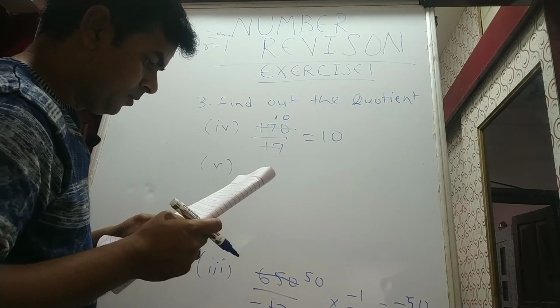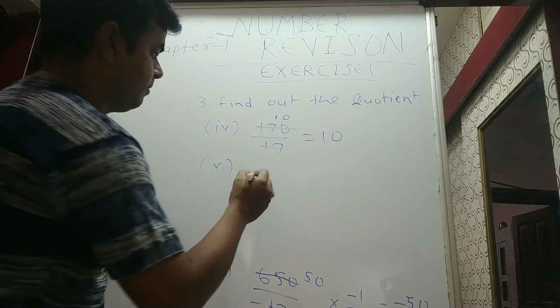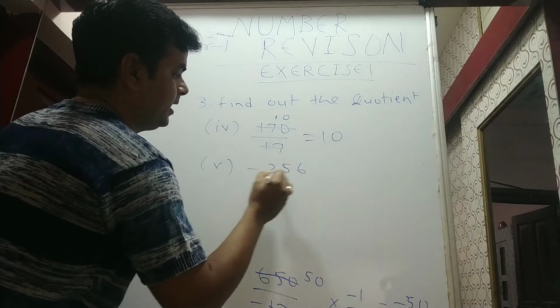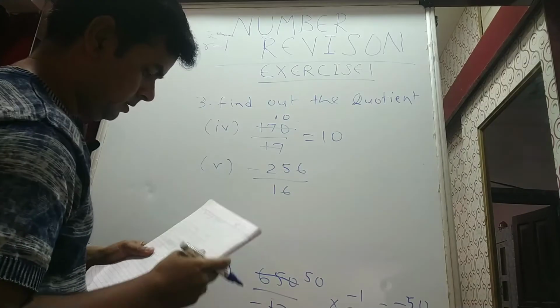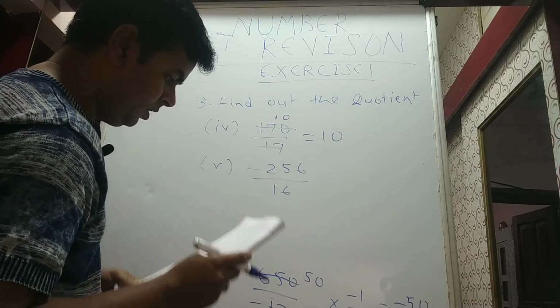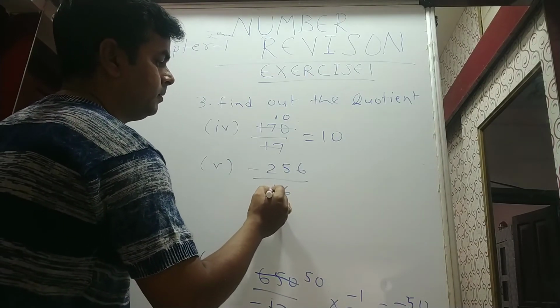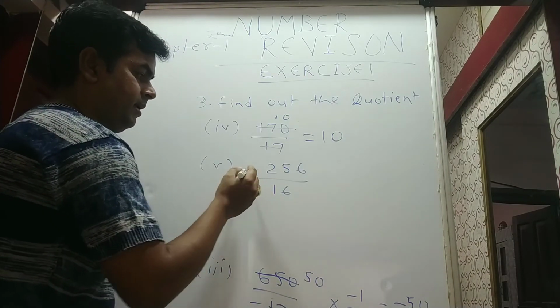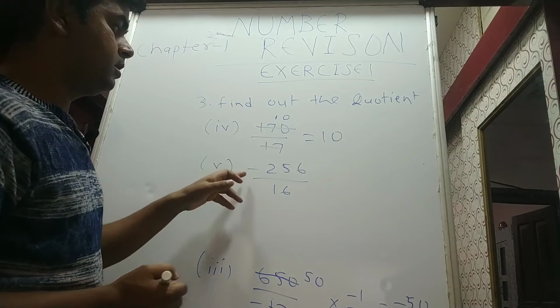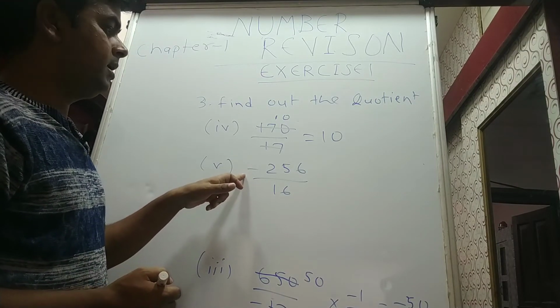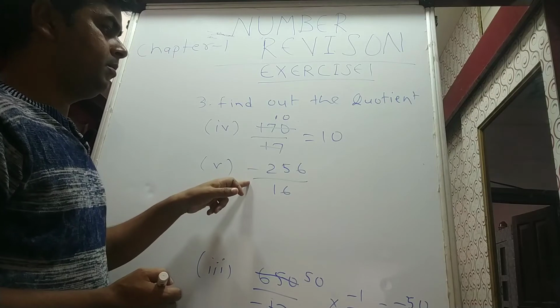Next, minus 256 divided by 16. Okay. Whenever you have one sign plus and one minus, just divide the numbers only.